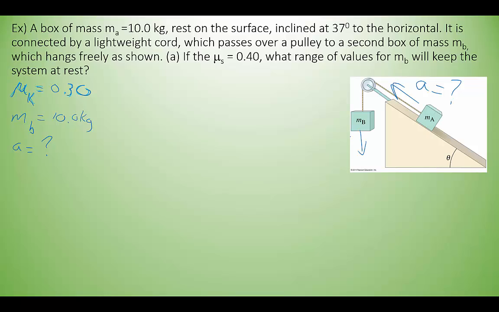If that is in fact what happens, then the acceleration can be given by the following equation based on, again, Newton's second law, that MAA is going to be the tension force minus MAG sine theta, because there'll be some part of the weight in the opposite direction of the tension force, and minus the kinetic friction.